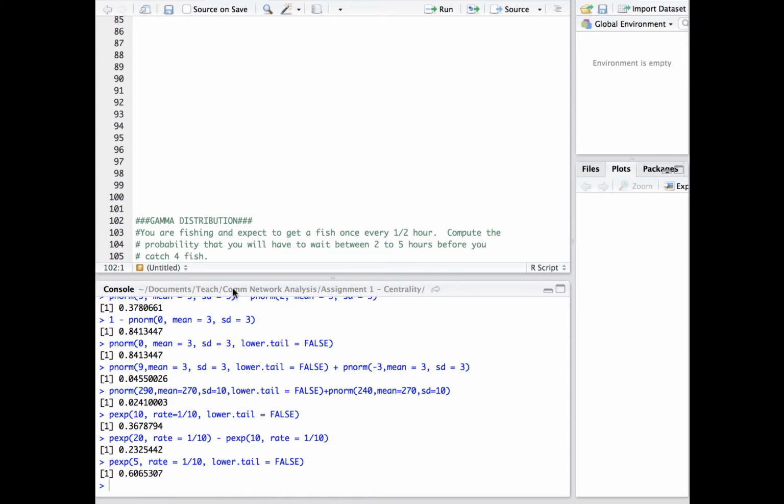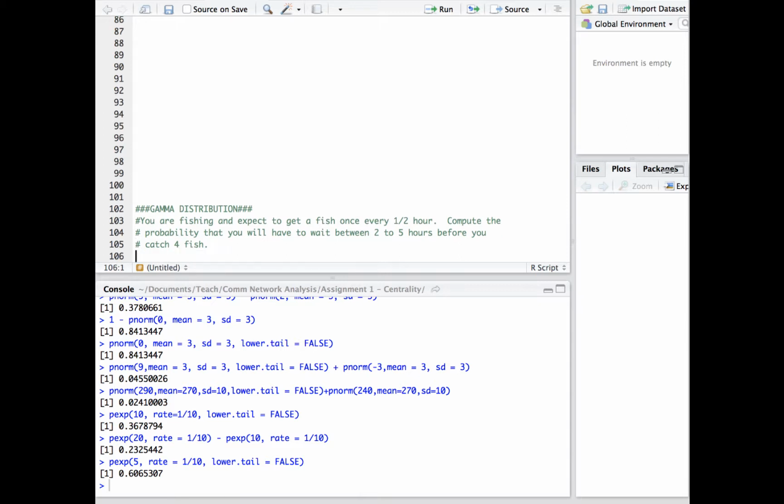Okay, so we're now going to look at the gamma distribution. There isn't a really good example problem in your book, so I've made one up for you. For the gamma distribution, let's say you're fishing and you expect to catch a fish once every half an hour. We want to compute the probability that you'll have to wait between 2 to 5 hours before you catch 4 fish.